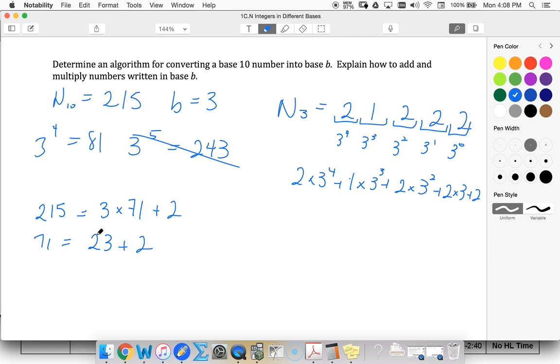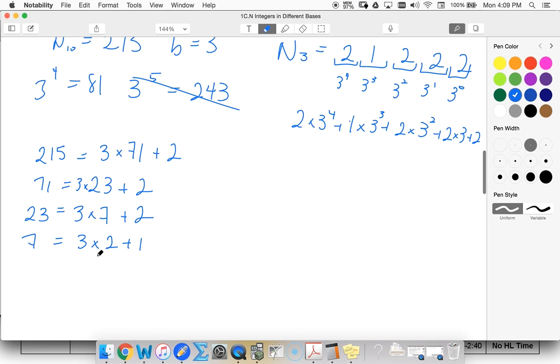And 23 is the same as 3 times 7 plus 2. 7 is the same as 3 times 2 plus 1. And then 2 is the same as 3 times 0 plus 2.